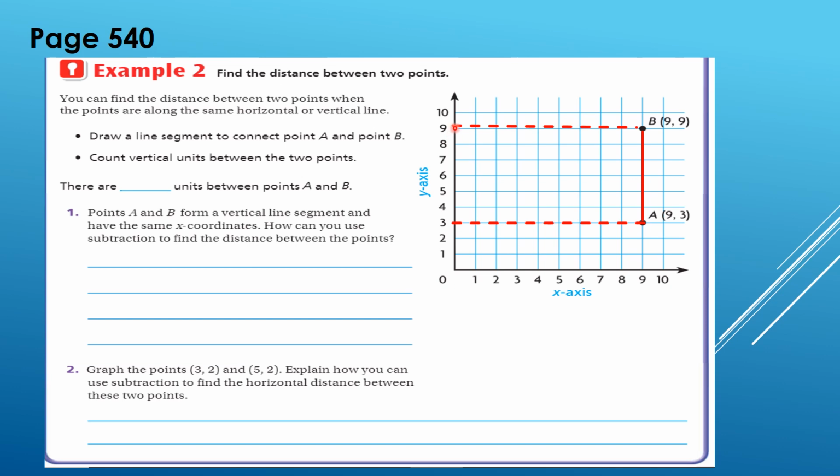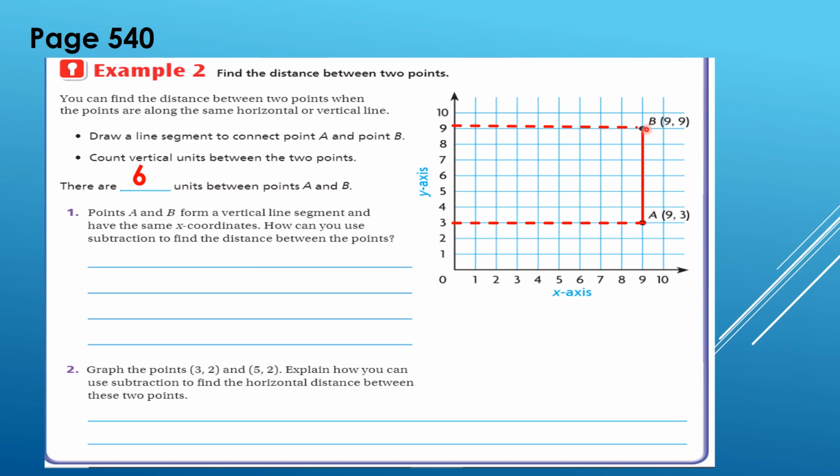Can you know this? It's very easy. Just subtract the 2 numbers. 9 minus 3 is equal to 6 units. Perfect, it's 6 units. So I can subtract these 2 points, but there is a very easy way.